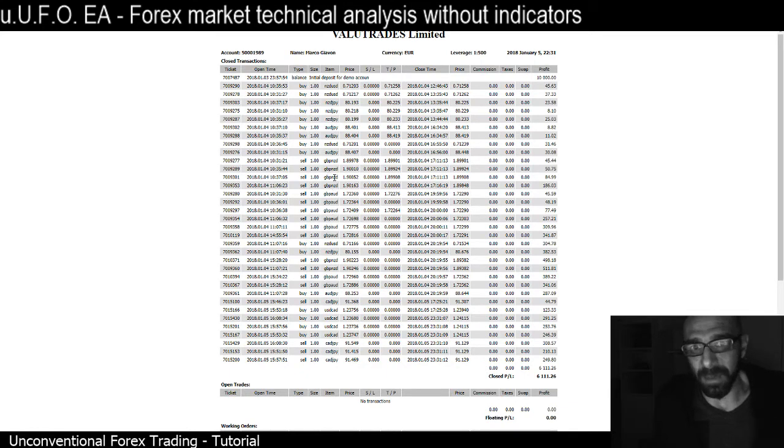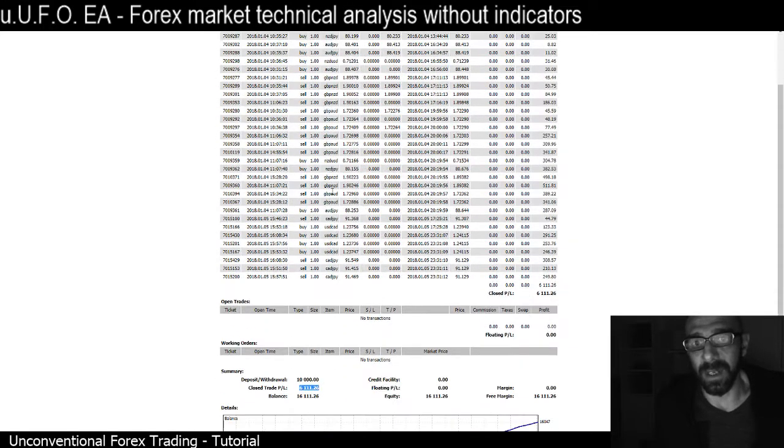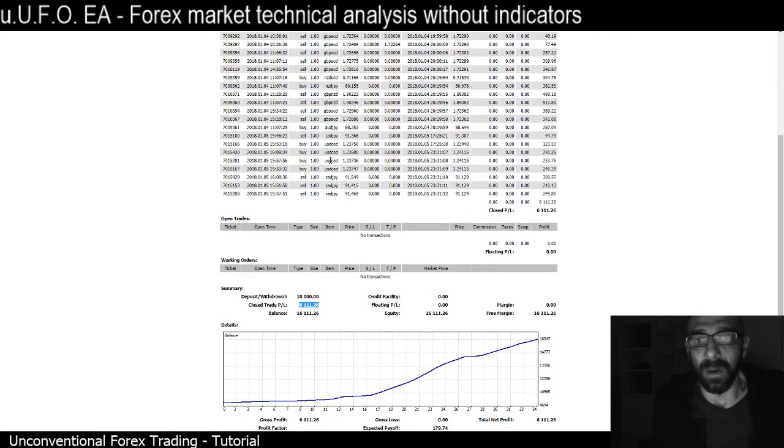Because I'm having GBP New Zealand dollar, GBP Australian dollar, New Zealand dollar yen, right? So how can I think about stopping something and focus on other things if I have just these charts where CAD is not present?